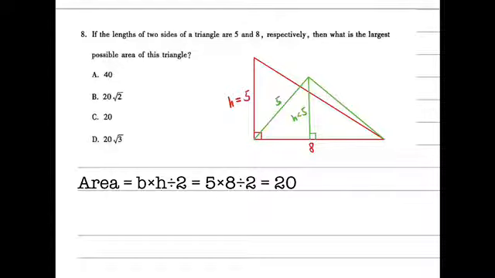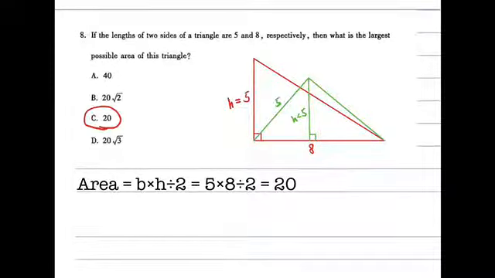In other cases, as we see, if the side with a length of 8 is the base, the height perpendicular to it will be less than 5. The largest height is 5 when the sides are perpendicular. So the area equals 5 times 8 over 2 equals 20. The answer is C.